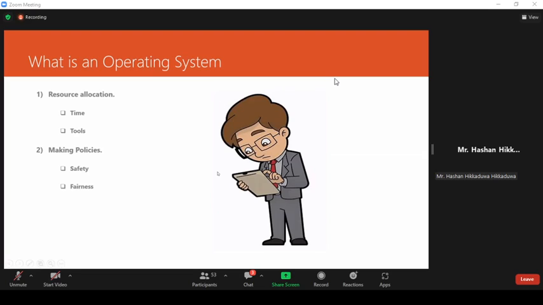Fairness must be there. I think you can understand what is meant by safety and fairness. According to the toy shop example, what do you think is meant by fairness?